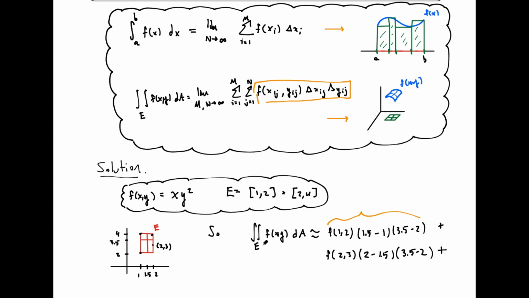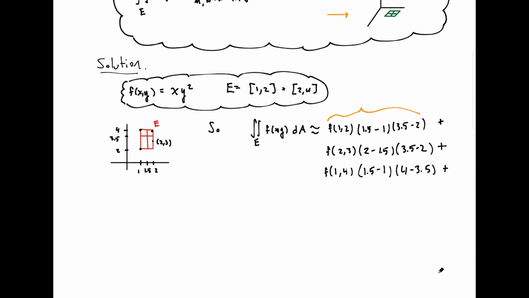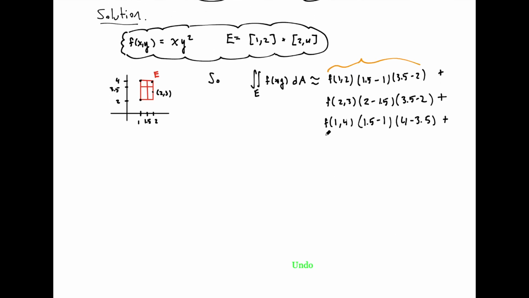This top left box, the sample point we picked was 1, 4. The width is 1.5 minus 1 again. And the height this time is 4 minus 3.5. Then we have one more rectangle to compute. The top right box, the sample point we picked is 2, 4. The width is 2 minus 1.5, and the height is 4 minus 3.5.